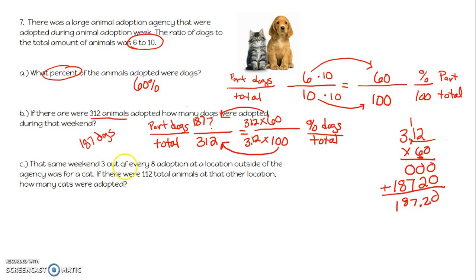Okay. The same weekend, 3 out of every 8 adoptions at a location outside the agency was for a cat. There were 112 animals at the other location. How many cats were adopted?